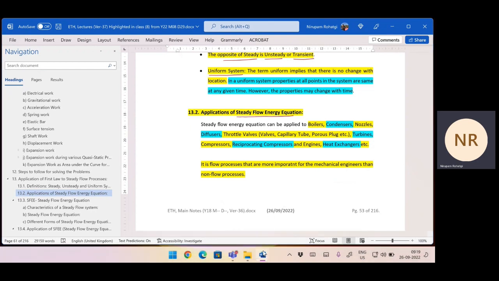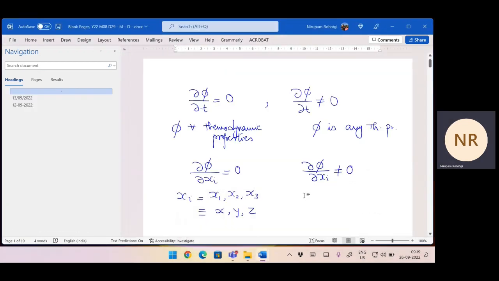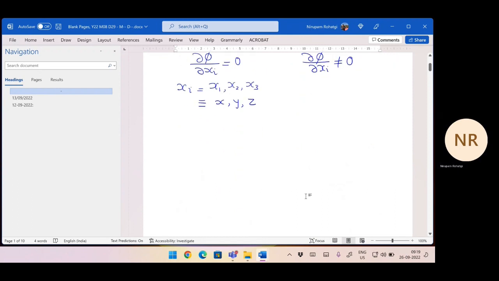You can take the example of, let us say, an IC engine. So it has two valves here. One is the inlet valve, one is the exhaust valve.